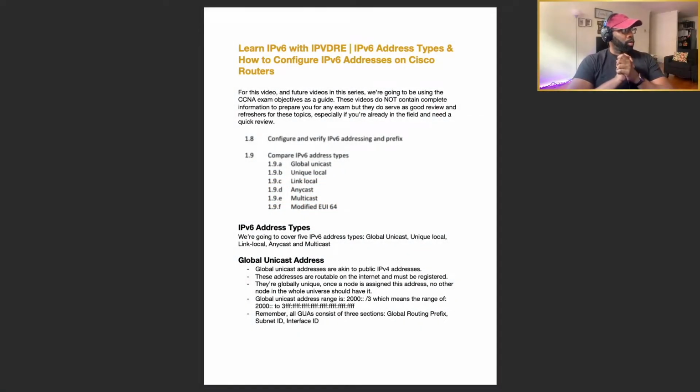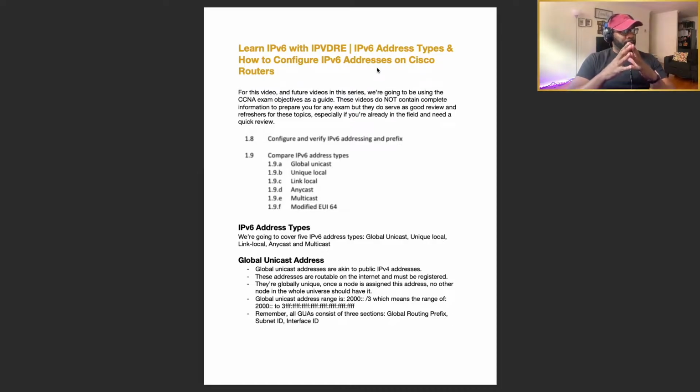Right, here we go. Learn IPv6 with IPVDRE, IPv6 address types, and how to configure IPv6 addresses on Cisco routers. I'm going to take this opportunity to make it clear that we are going to be using the CCNA exam objectives as a loose guide, or maybe more of a stricter guide, for how we're going to be talking about IPv6 in this IPv6 video series.